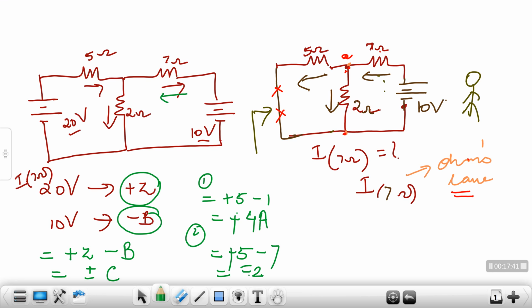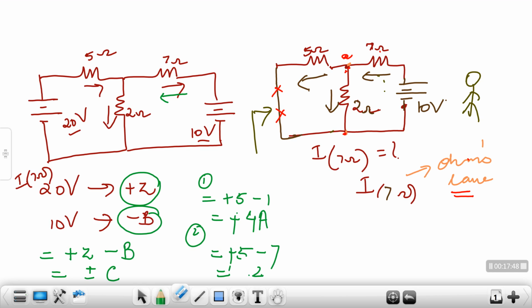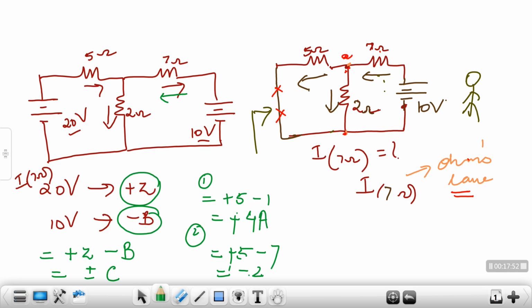So the direction will change if the sign is minus. That will depend upon whether Z is greater or B is greater. So these are the two possible conditions. The sign will only reflect on the direction of current. So this would be your final direction of current.